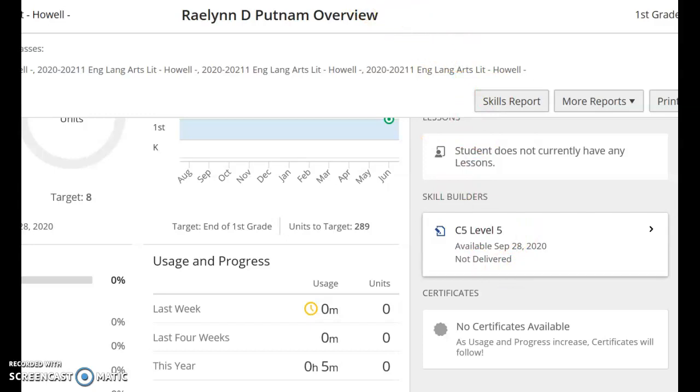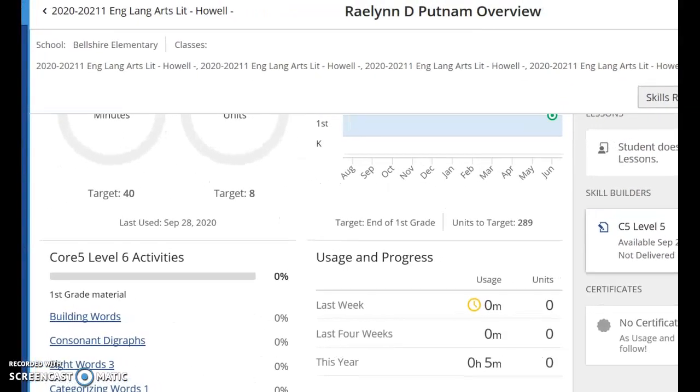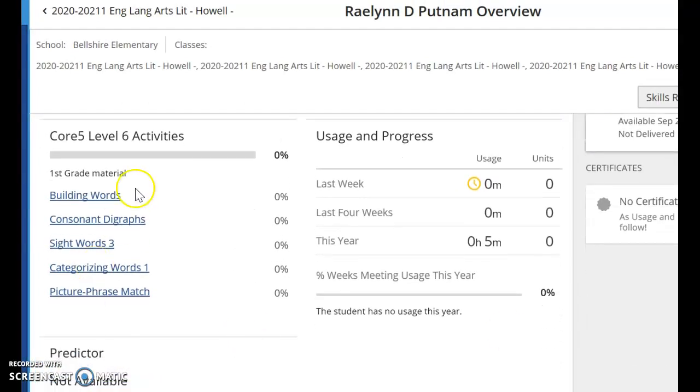And if I scroll down, I can look over here where it says Core 5 Level 6 activities. And you see, this is what the child will be working on in level 6. So this will be some of the child's needs. So you can put that as improvements.